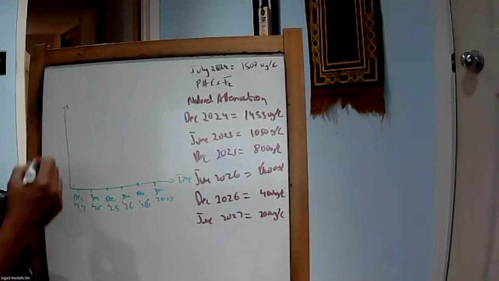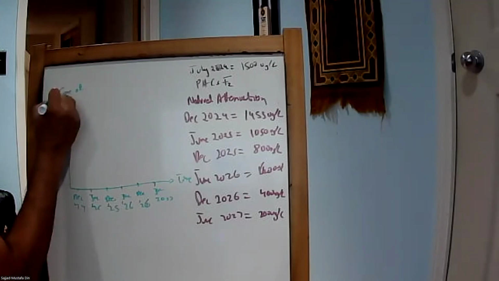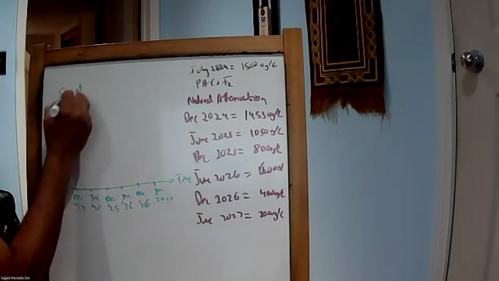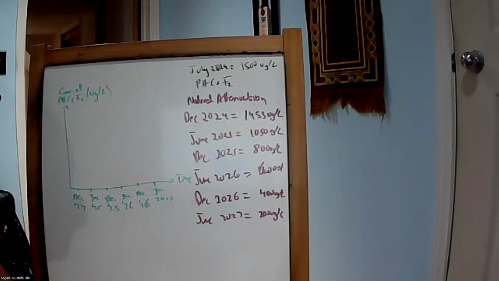Make sure that your concentrations, so here it would be concentration of PHCs, F2, and it would be in micrograms per liter. Make sure you label that, right?